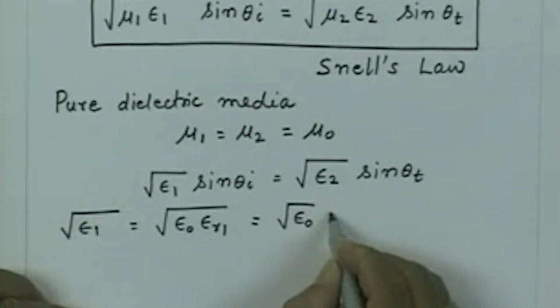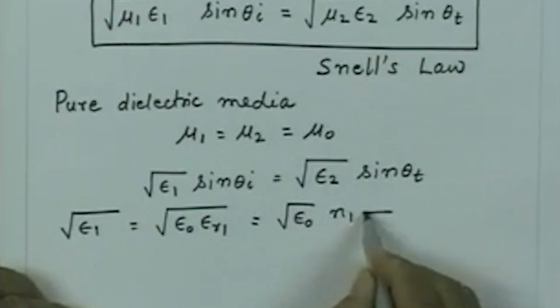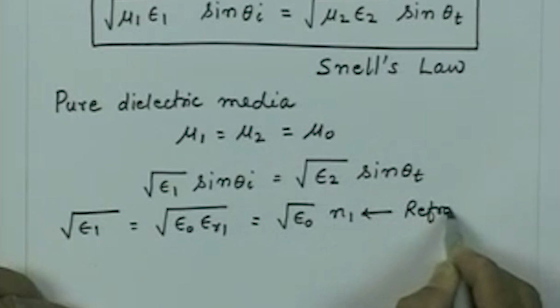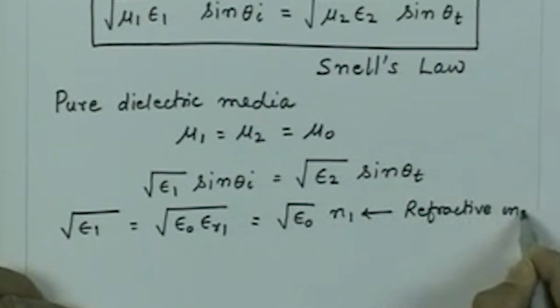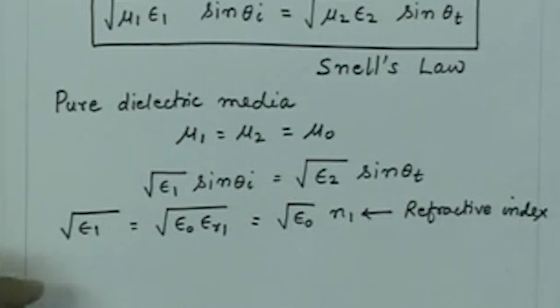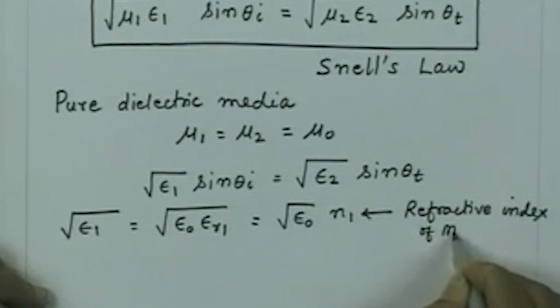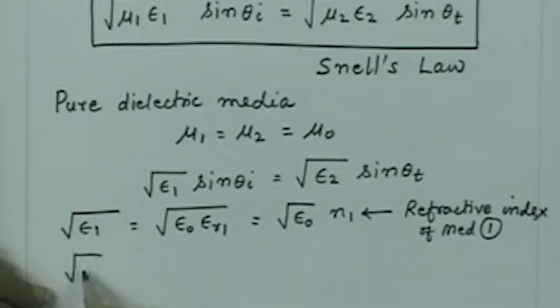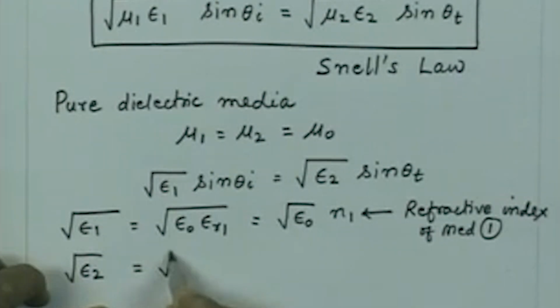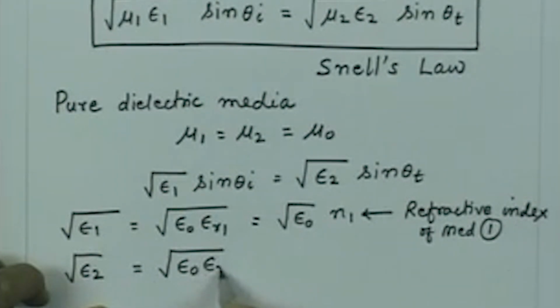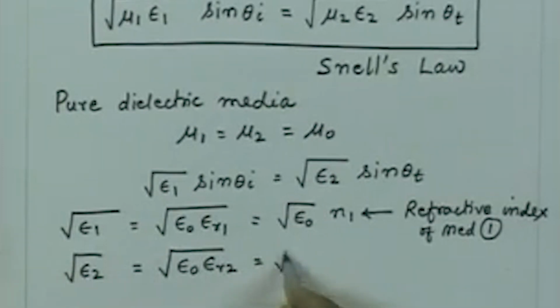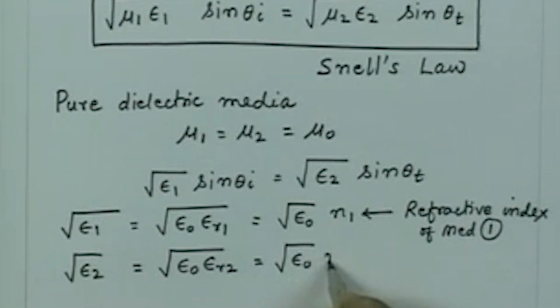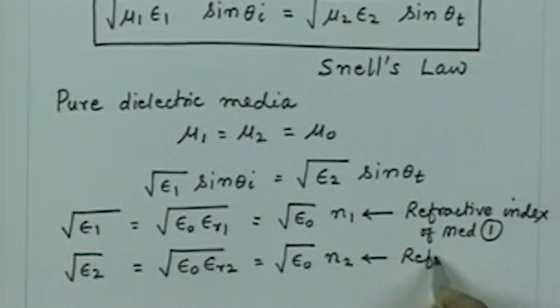So, we can call that n1, where n1 is the refractive index of medium 1. Similarly, we can have square root epsilon 2 equal to square root epsilon 0 epsilon r2, that is equal to square root of epsilon 0 into n2, where n2 is the refractive index of medium 2.